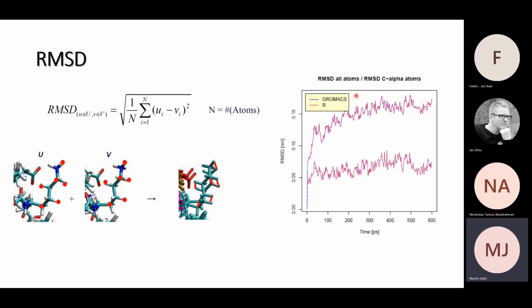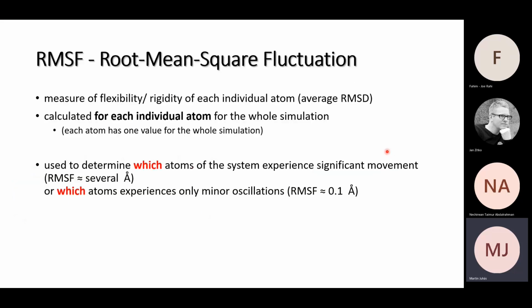Even though this upper one is higher than the lower one, it doesn't necessarily mean that it's wrong. It's just you have more atoms, so of course you have a bit more difference in the positions.